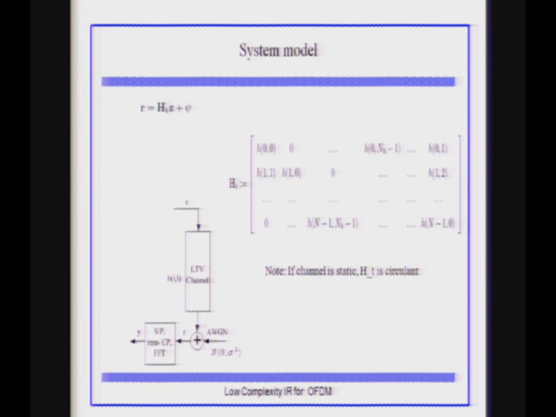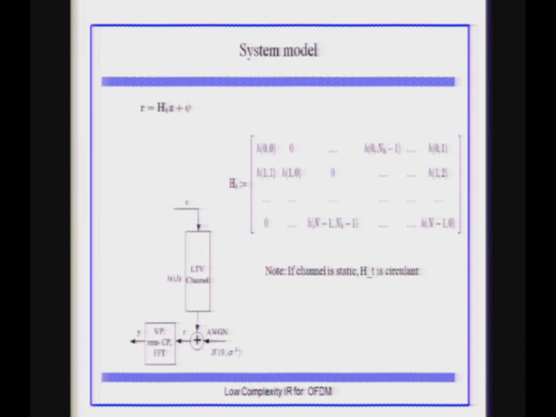If you look at this, it has a circulant-like nature. Had the channel been totally static, this would have been a circulant matrix, by virtue of the cyclic prefix of the OFDM system. Whereas in our case, channel coefficients are varying, and because of that it is circulant-like, but not actually circulant. If these coefficients were the same, it would have been circulant, which is the case in a static system.